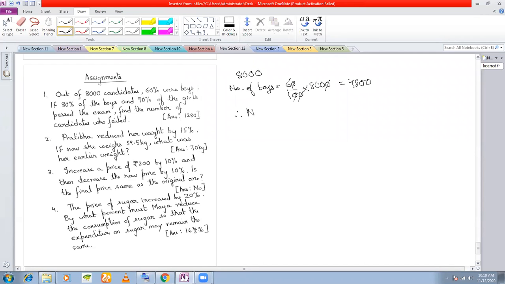So therefore, what is the number of girls? 8,000 minus 4,800, which is 3,200. Now the next part of the question. If 80% of the boys and 90% of the girls pass the examination, so the number of boys who passed is how much? 80% of the boys.